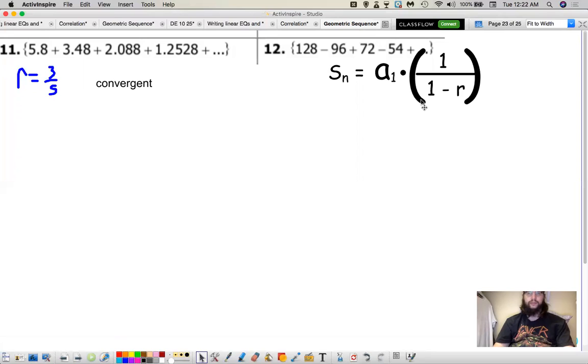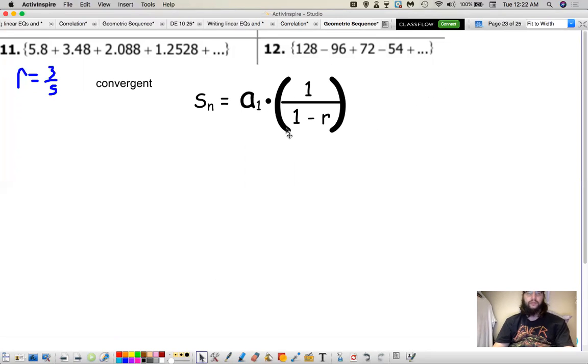That's the formula. So we're adding things up forever, so n's infinity basically. We're starting at 5.8, multiplying that by 1 over 1 minus 3/5.